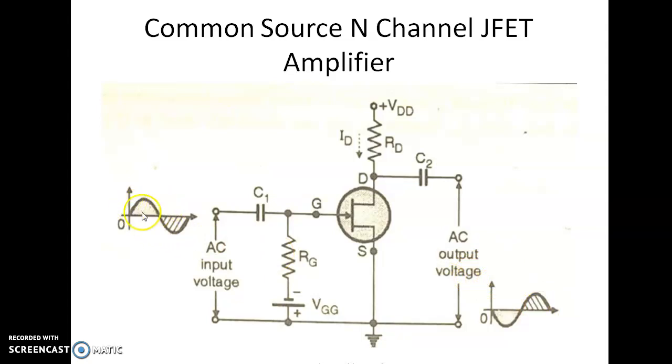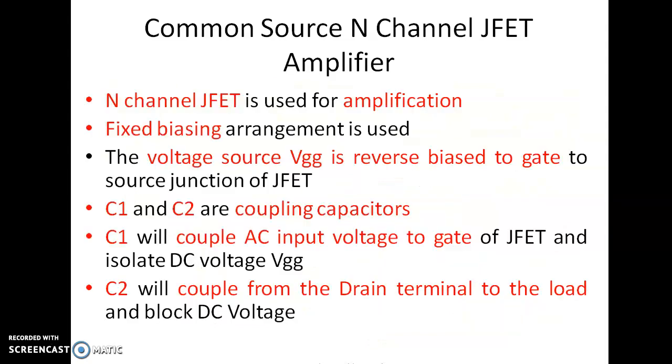During the positive half cycle of the input signal, this N channel junction field effect transistor is used for amplification. Amplification means the circuit increases the voltage level of the input signal. A fixed biasing arrangement is used. The voltage source VGG reverse biases the gate to source junction of the JFET.